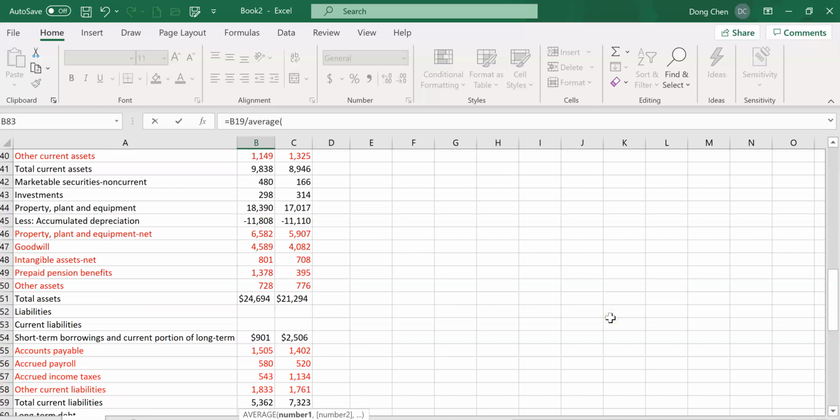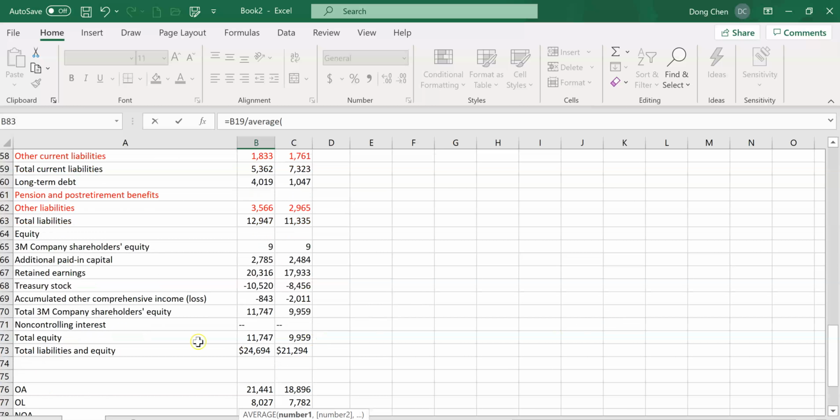For shareholders' equity, we also have two items. One is the shareholders' equity from the parent company's perspective, which is total 3M company shareholders' equity. The other one is the total equity, including the non-controlling interest. In this case, actually, it doesn't matter, but in general, we should differentiate between these two numbers. And since our numerator uses the income from the parent company's perspective, our denominator should also use the same.